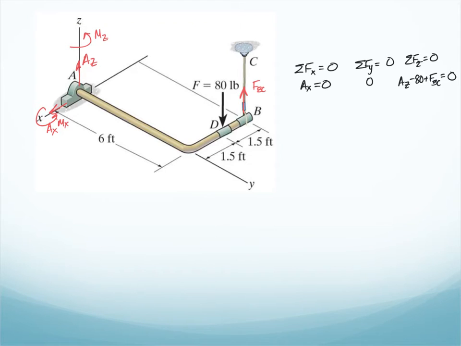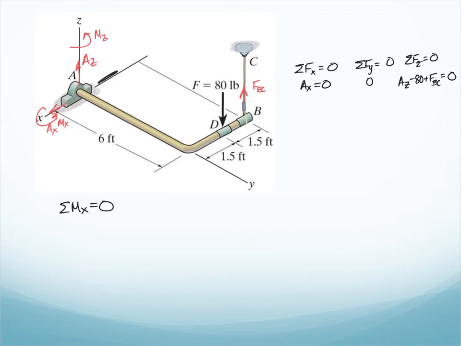So let's look at the sum of the moments around the x-axis. What I'm trying to figure out is, for the 80-pound force and for the force of the cable, if the forces are applied in the direction shown, would there be a rotation about the x-axis, which is right over here? And what would be the moment arm?